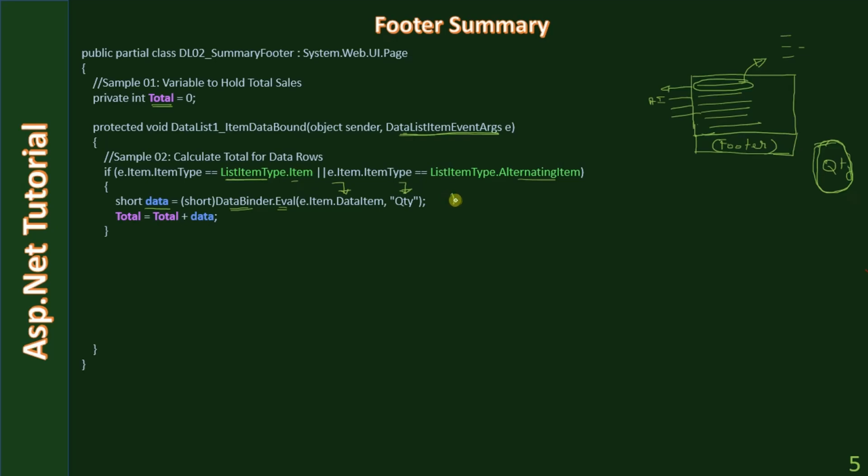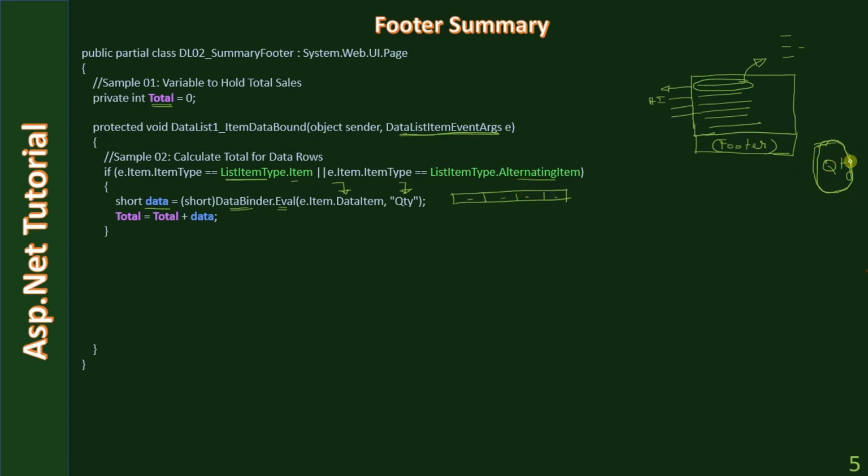Remember, when this event is fired, each time we will be getting an item or alternating item, and in this example, if you see, it contains 4 data items: store name, city, state, and zip.